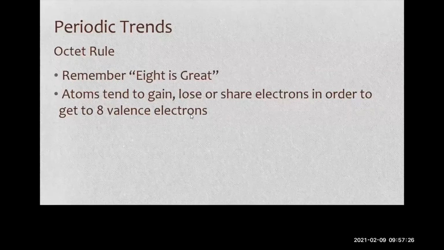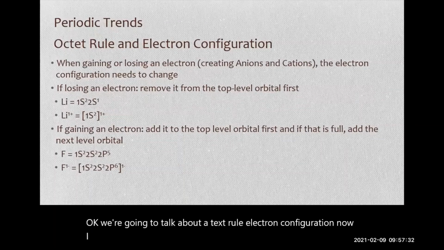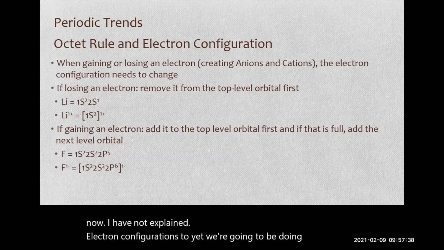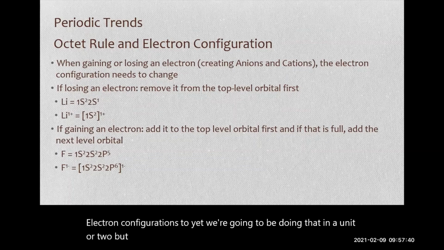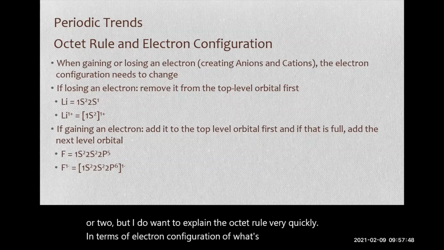Okay, we are going to talk about the Octet Rule and electron configuration. Now, I have not explained electron configurations to you yet. We're going to be doing that in a unit or 2, but I do want to explain the Octet Rule very quickly in terms of what's actually happening in the electron configuration.